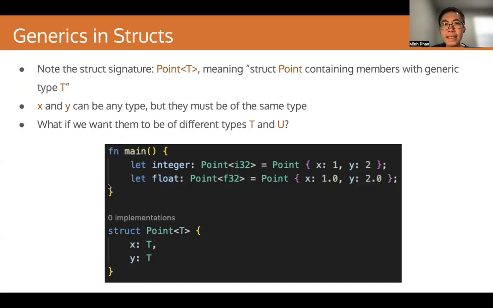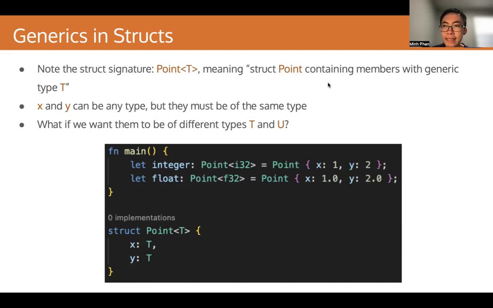First, let's look at generics in structs. So here we have an example of a struct Point that contains a generic type T. From the struct signature, you can see that we have the struct name, and then these angle brackets here, and a T in the middle.